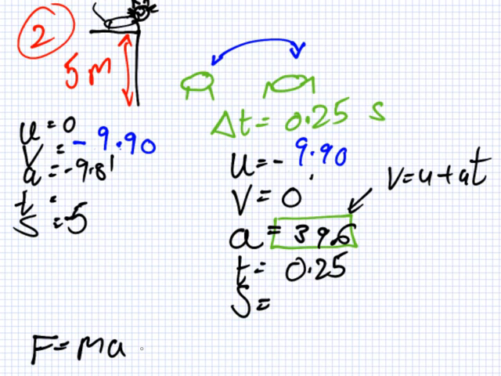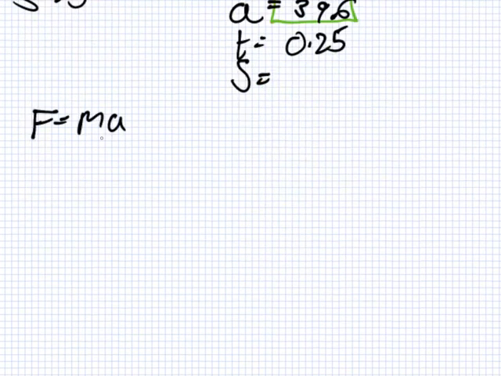There's two ways to do it. So let's see that we get the same answer if we use this or if we use the impulse. So what's the M? 5.5, and the A? 39.6.